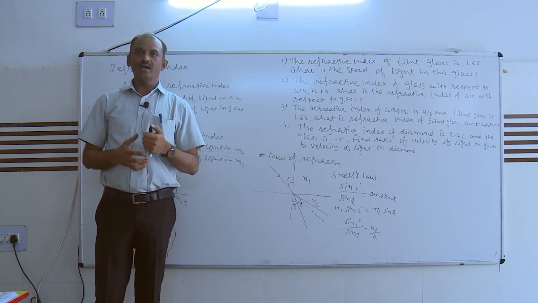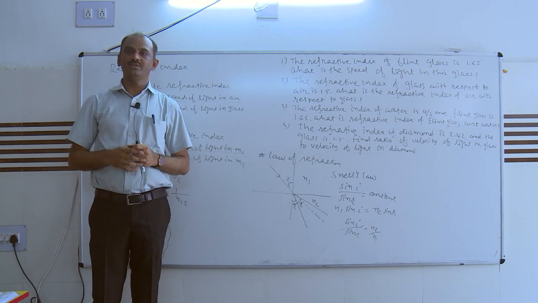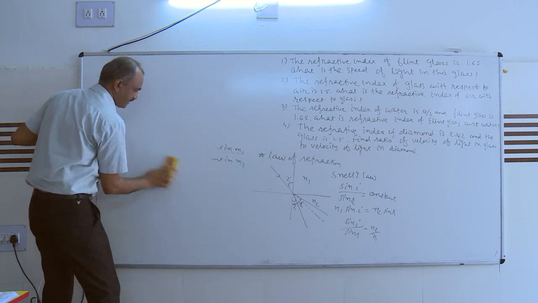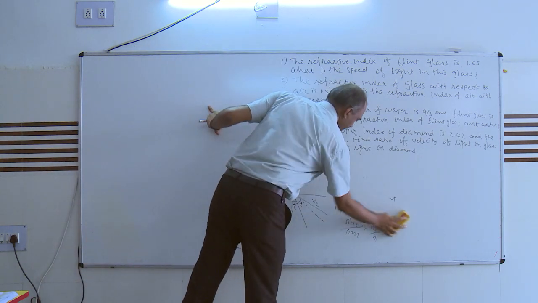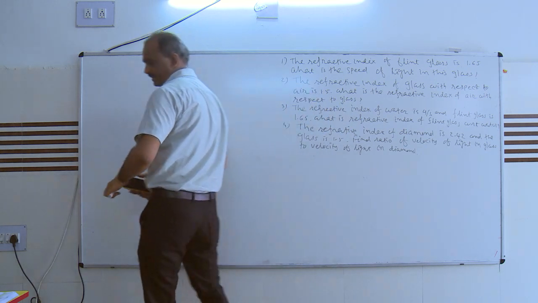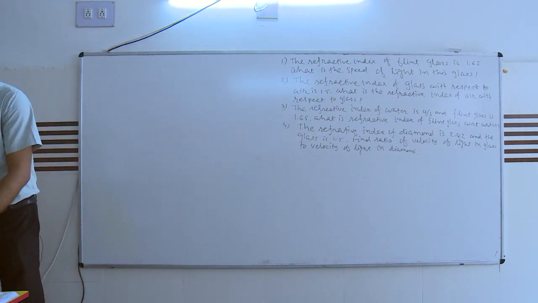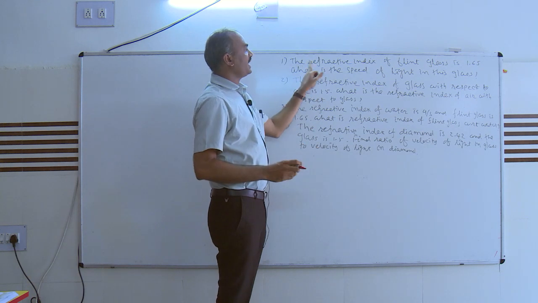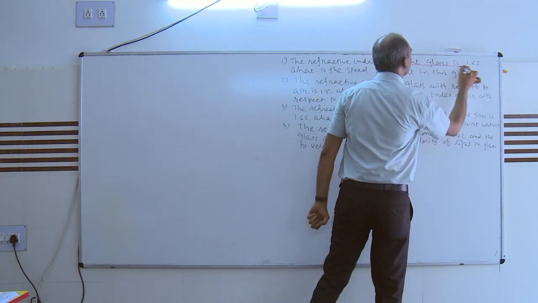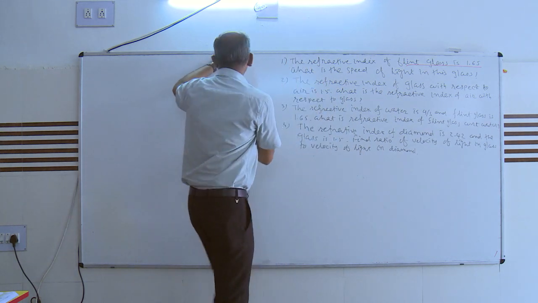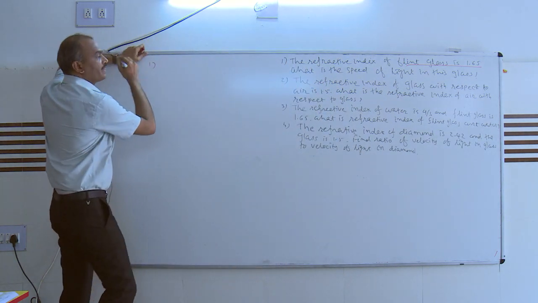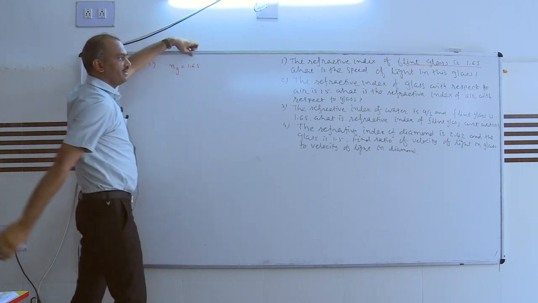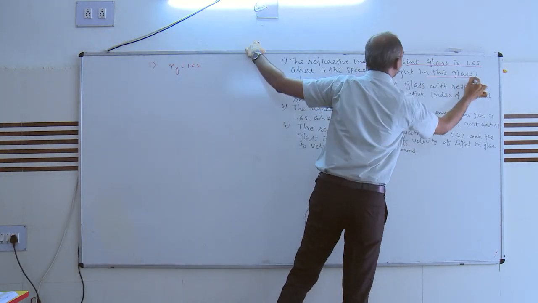Now let's solve some numericals based on this topic. In the first numerical, it is given that the refractive index of flint glass is 1.65. What is the speed of light in glass?